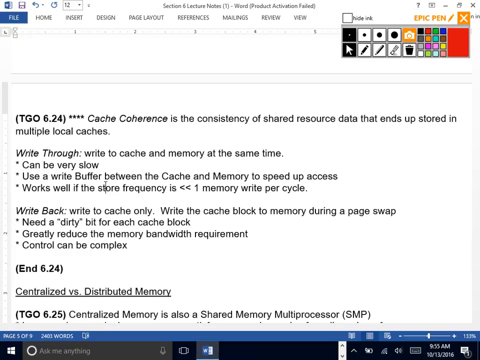We need to make sure that all the copies that might be used for that register are up to date. So the register is going to write to the cache. Then once the page swap occurs, the most up-to-date copy of the variable is in data memory. It reduces the memory bandwidth requirement, though control can be complex.